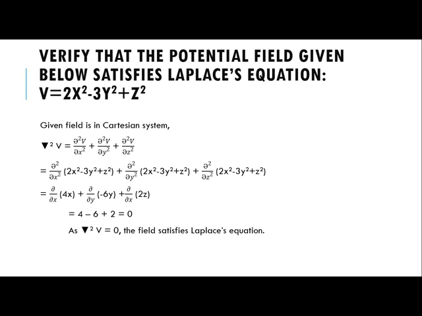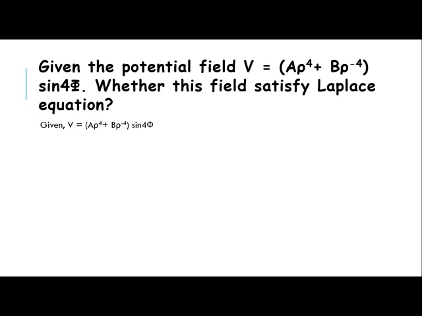Now let us see the next problem. In this question, the potential field is given by A rho power 4 plus B rho power minus 4, into sine 4 phi, where A and B are some constants. Now we have to check whether this potential field satisfies Laplace equation.